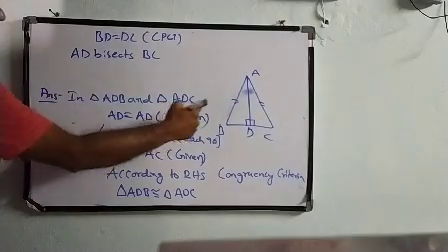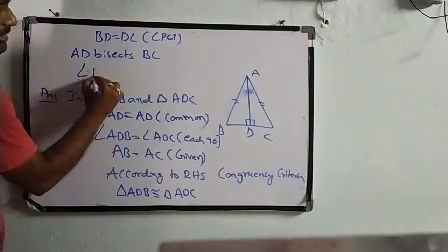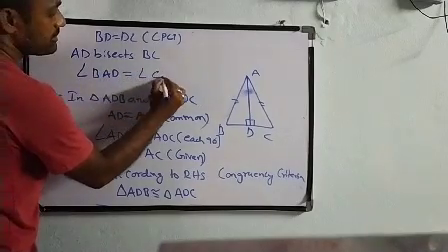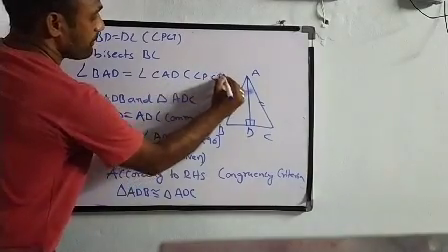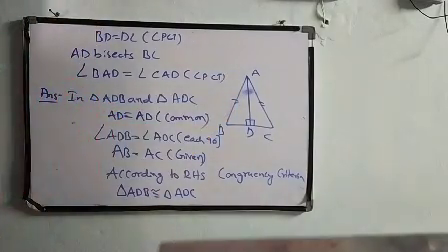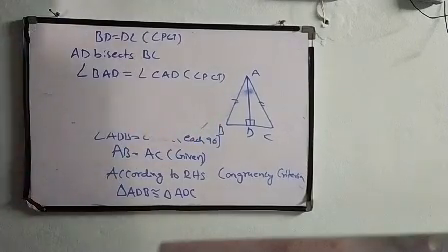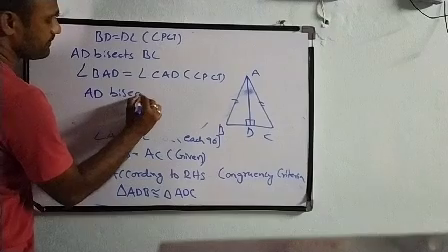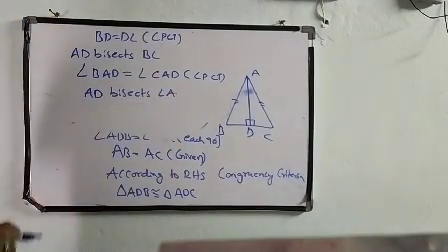Now we need to prove that AD bisects angle A also. By CPCT we can write angle BAD is equal to angle CAD, corresponding parts of congruent triangles. So if these two angles are equal, then AD bisects angle A. So two proofs we have already done.